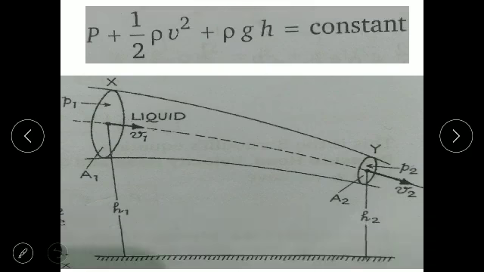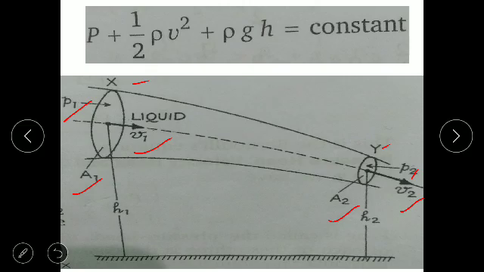Now this is the diagram where the pipe, you can see it is from x to y. From point x to point y there is a pipe where the area of cross section is different, where A1 is greater than A2. Slowly the area is becoming smaller and smaller. The pressure at x is P1, pressure at y is P2, velocity at x is V1 and at y is V2.